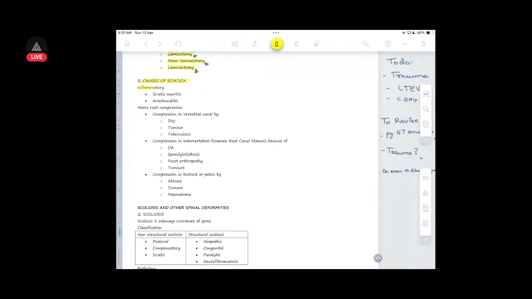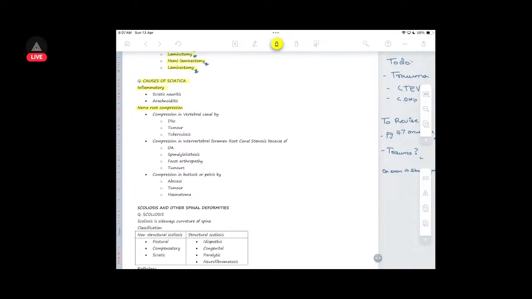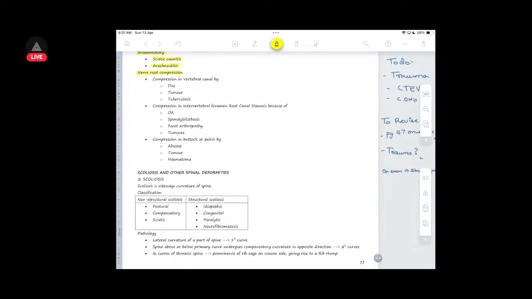Then you have causes of sciatica. It can be inflammatory or nerve root compression. Inflammatory causes are sciatic neuritis or arachnoiditis. Compression in the vertebral canal may be by disc, tumor or tuberculosis.